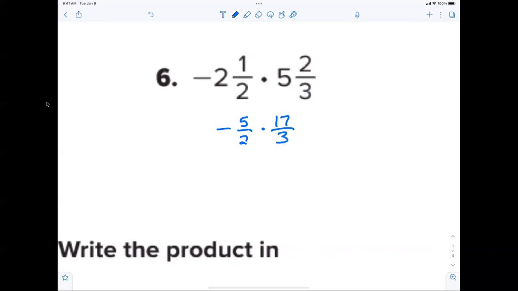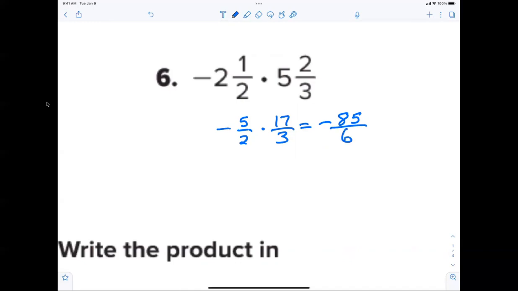You are amazing. 17/3. Perfect. Does anything reduce? No. You're right. So a negative times a positive is a negative. What's 5 times 10? 5 times 7. 50 plus 35. Amazing. And then 3 times 2.